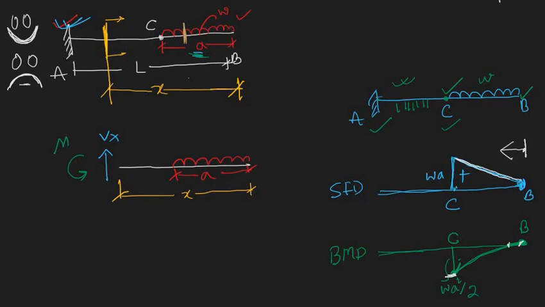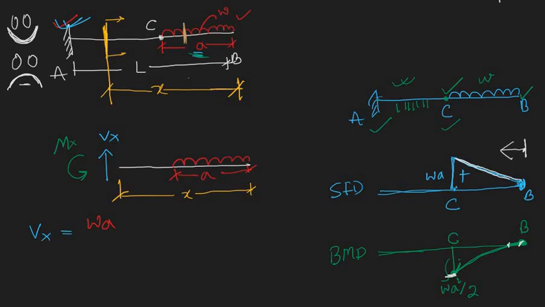From the equation of static equilibrium we can rewrite Vx as, I'm not writing elaborately because we have just discussed how to write down the equation. Vx is simply coming as W times A, no more forces, and it is not varying at all.